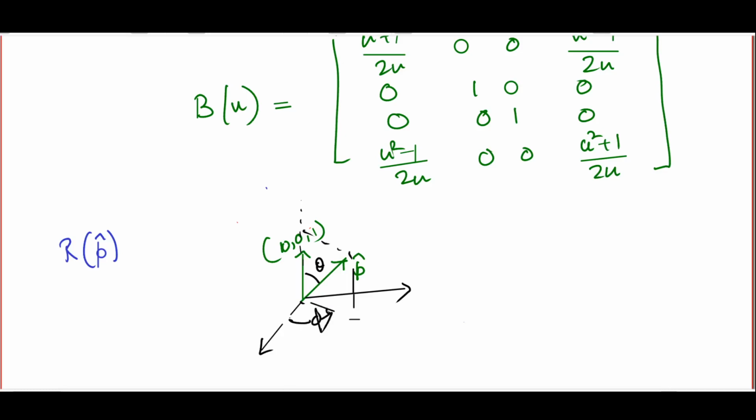then one easy way to start from this unit vector along z and land up onto p would be the following. You could first rotate about the y-axis. Let me just label the axes first. This is x, this is y, and this one is z, of course. If we were to first rotate about the y-axis through an angle theta, this unit vector would end up making an angle theta with the z-axis, but in the xz plane.